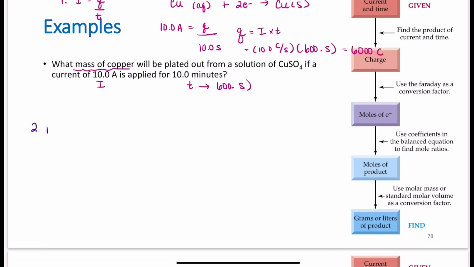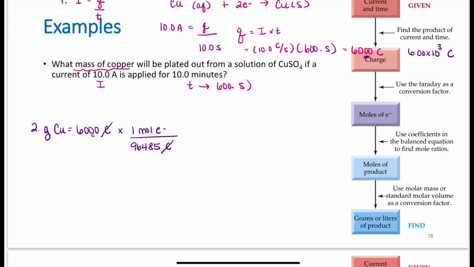Now I'm going to find the grams of copper. I know my sig figs are here. Underline it. You can also put this in scientific notation if it makes you feel better. I don't care. I'm just going to underline what my sig figs are. 6,000 coulombs. I know that 1 mole of electrons is 96,485 coulombs of charge.